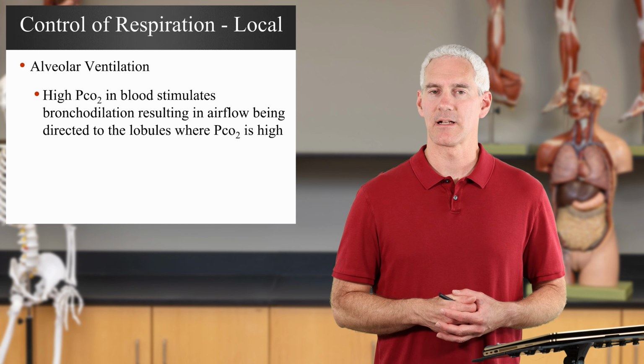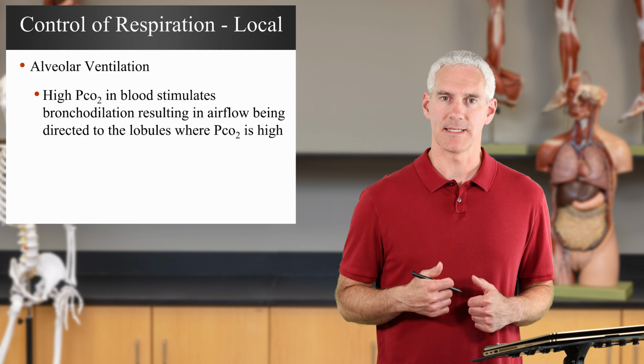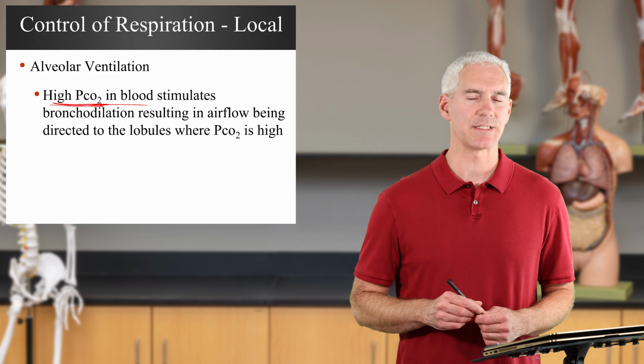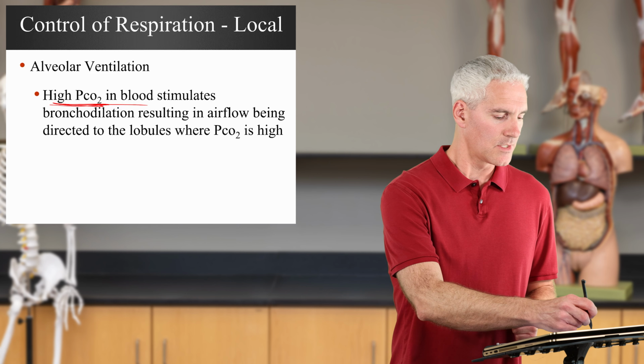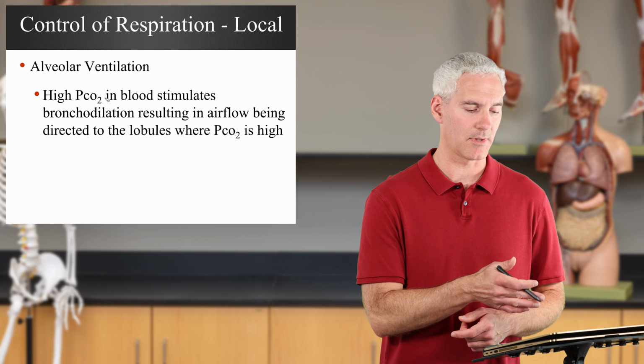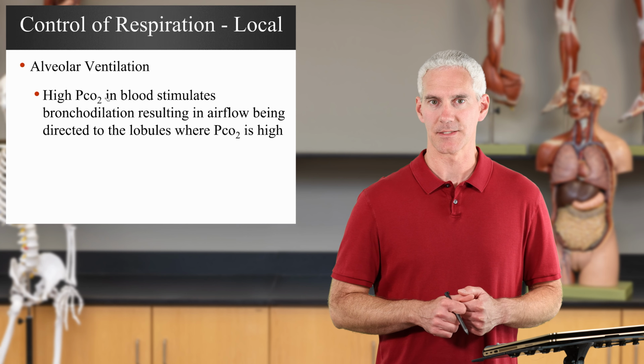Now, alveolar ventilation, we've mentioned this one before. Ventilation is the airflow coming in. But we're going to look now at high partial pressure of CO2 in the blood. For example, if you have high partial pressure of carbon dioxide in the blood, that can stimulate bronchodilation in certain areas.